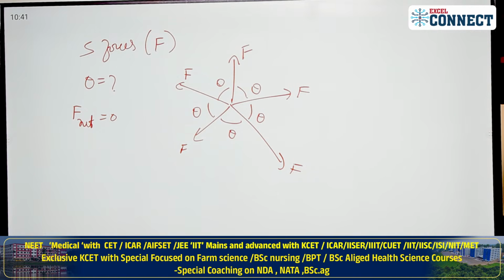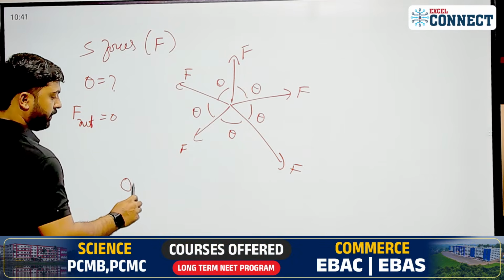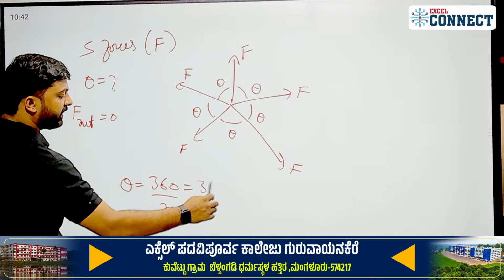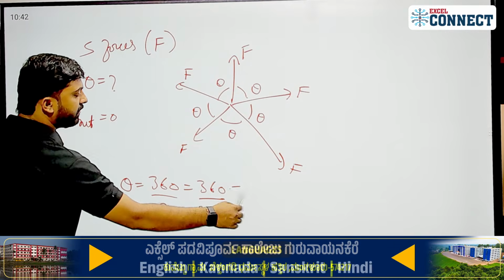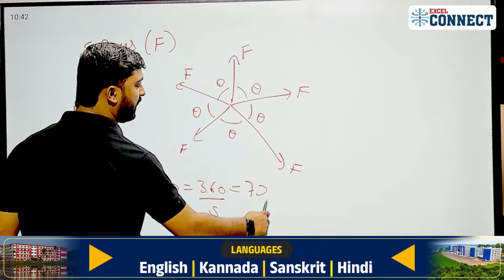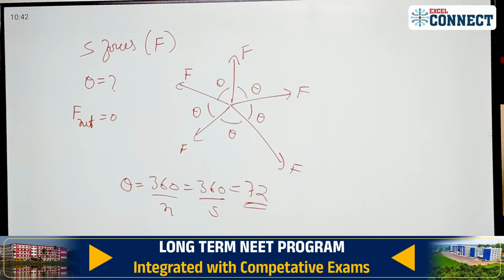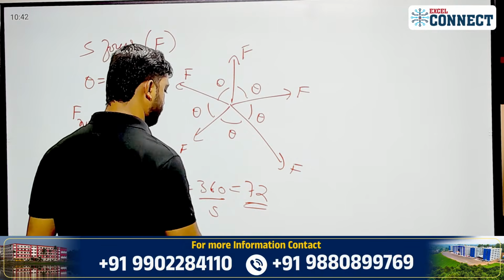Theta should be 360 by n, it is 360 by 5, which is 72, right? The net force is 0. So this type of question may be asked in CET.